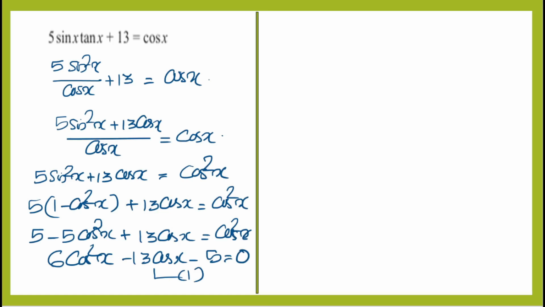This is a quadratic equation in cos x. We can use either the quadratic formula or the factorization method for solving this one.